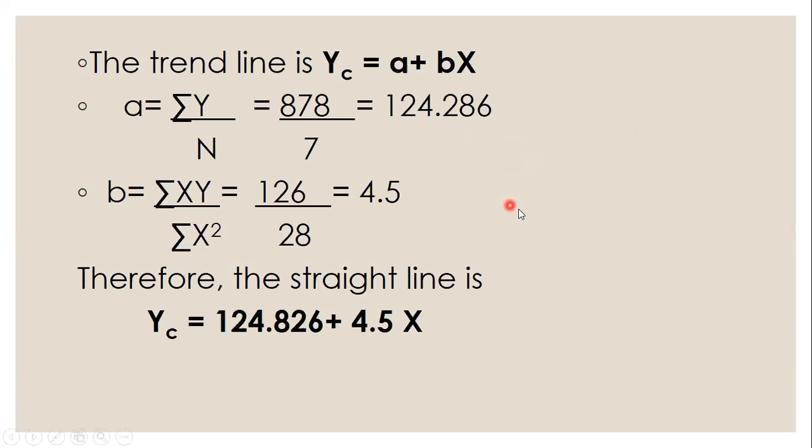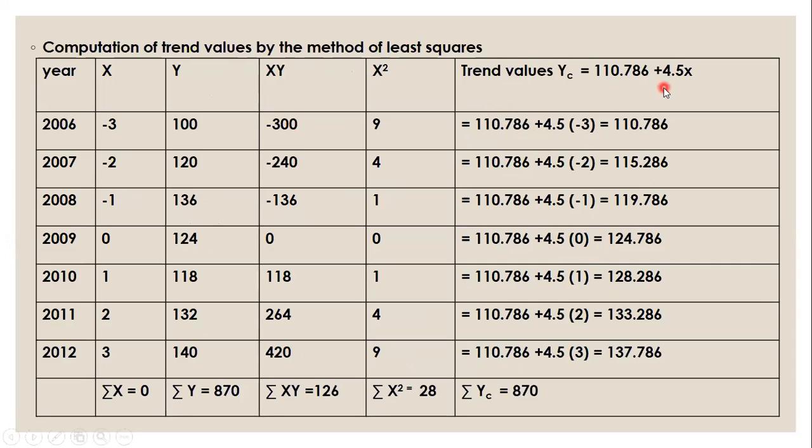Okay, 124.286 plus 4.5x. So it is just supposed to be that value where we substitute the numbers here. Now the substitution of the numbers is going to be minus 3, minus 2, minus 1 and 0, 1, 2, 3. So that is supposed to be the total numbers.